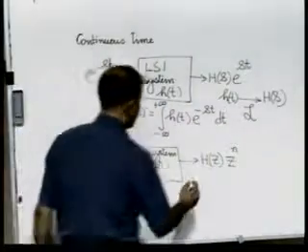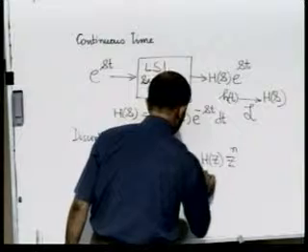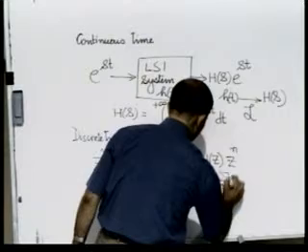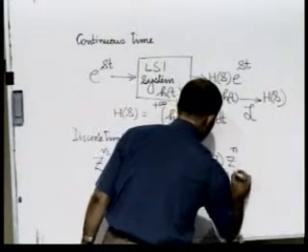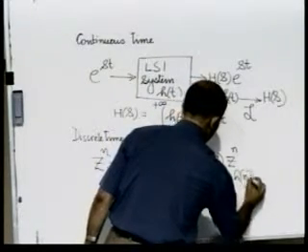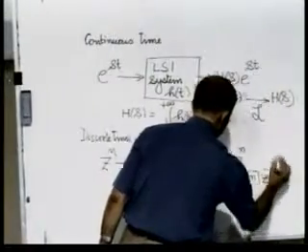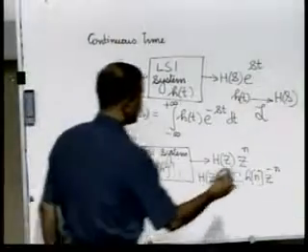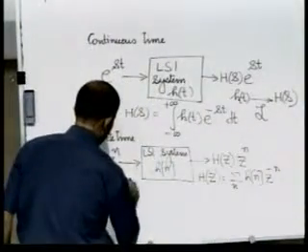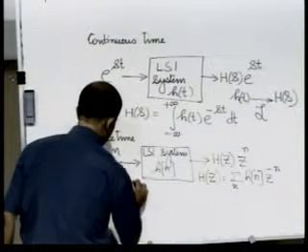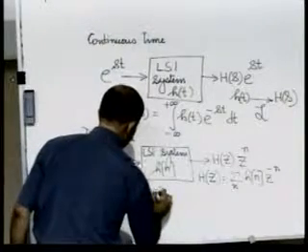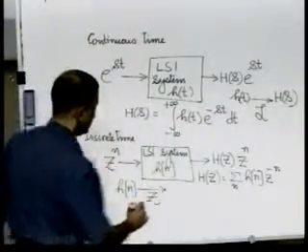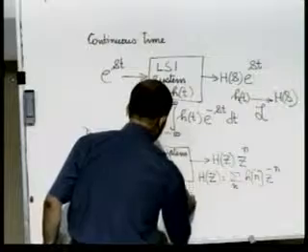And H(z) was equal to the summation over n of h[n] z to the power minus n. h[n] has the Z transform, which we will denote by script Z here, given by capital H of z.